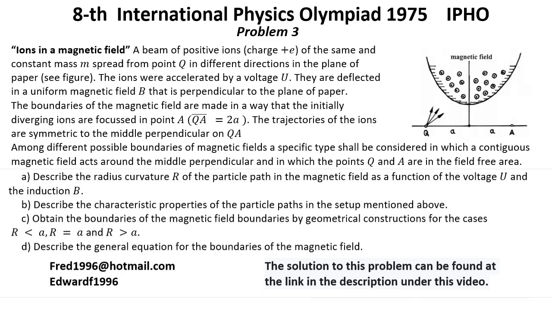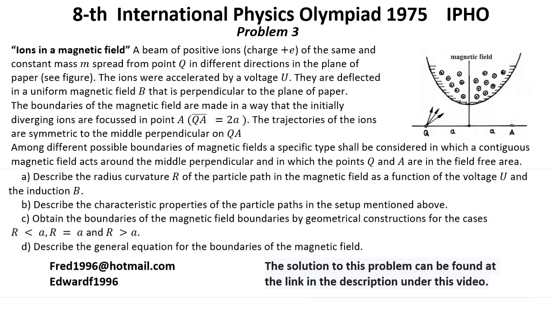Question A. Describe the radius of curvature R of the particular path in the magnetic field as a function of the voltage U and the induction B. Question B. Describe the characteristic properties of the particle paths in the setup mentioned above.